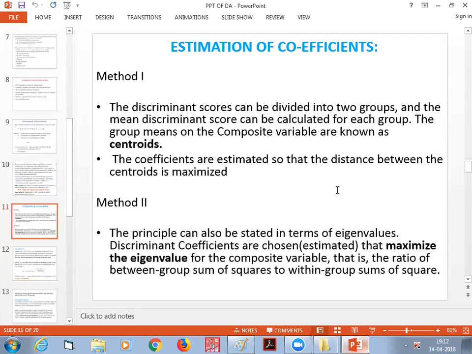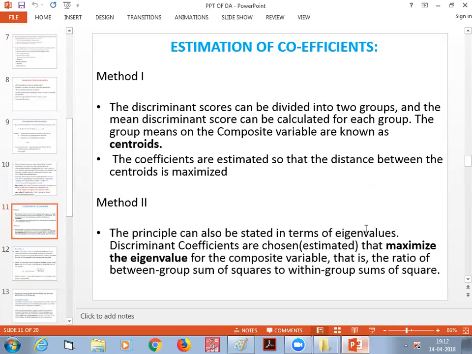Second method is what? Another method. The principle can also be stated in terms of eigenvalues. Okay. So here the predictor is nothing but the independent variable, the explanatory variable.